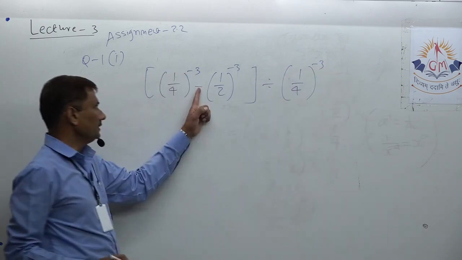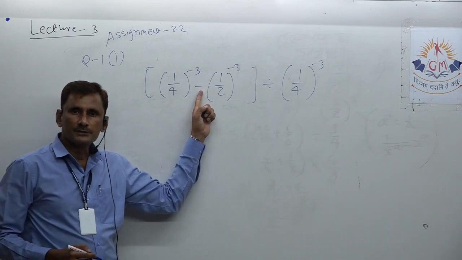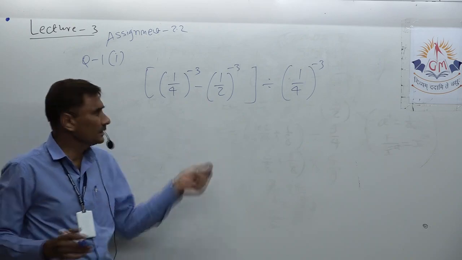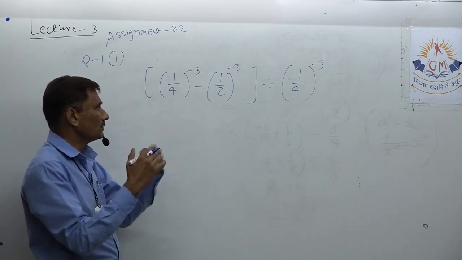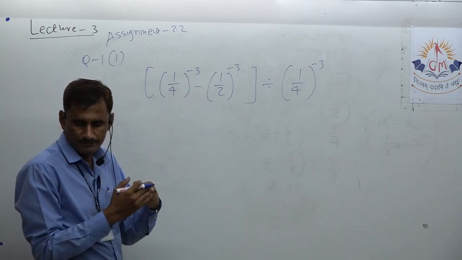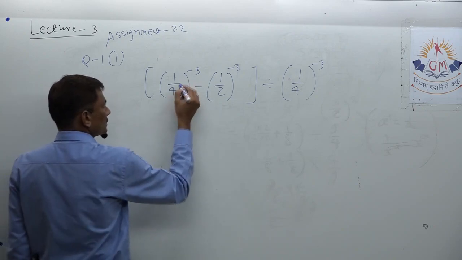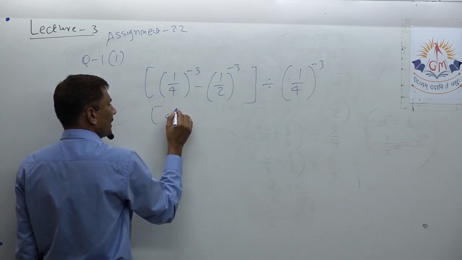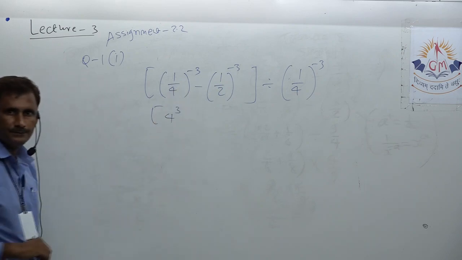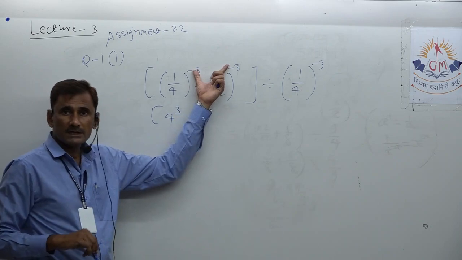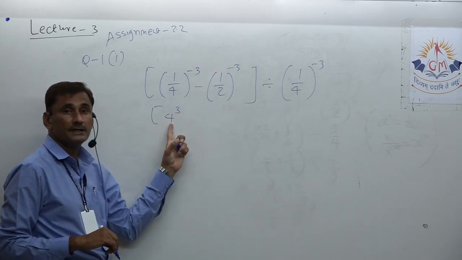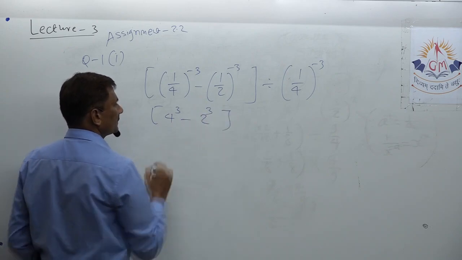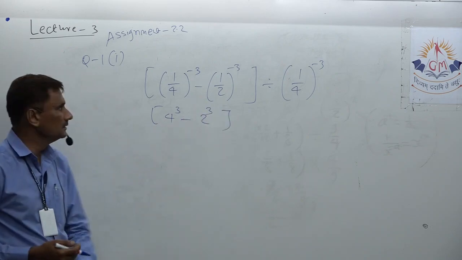Okay, first of all here there is a subtraction sign, so we cannot apply any law here, no combination of both these terms. So just make the degree positive by taking the inverse of the base. Convert the negative exponent to positive by writing the inverse of the base. It becomes so simple.